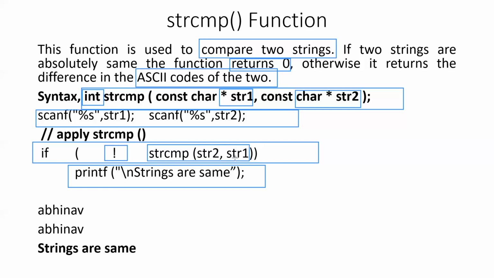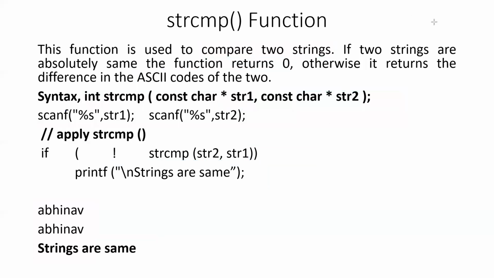So 1, which means true, will only be returned if the two strings are the same. So if the user enters Abhinav in string 1 and the user also enters Abhinav in string 2, the output that will be displayed on the screen is that the strings are same. So this is how the string compare function works.